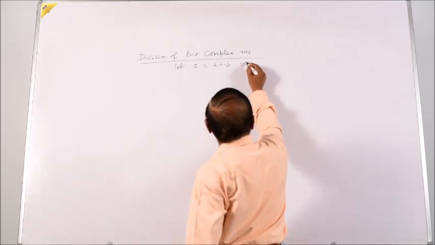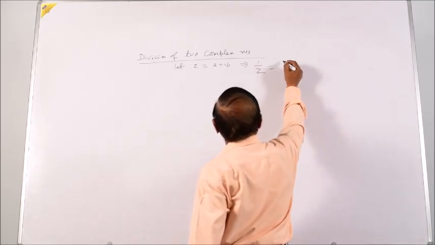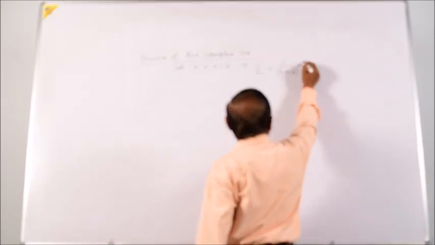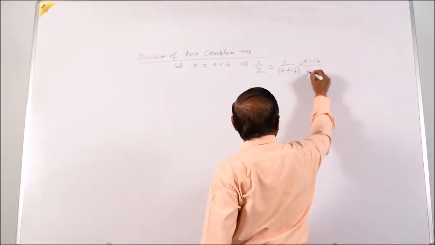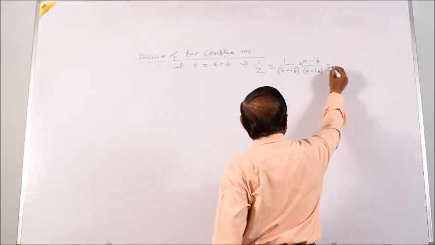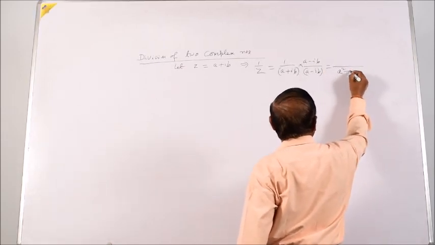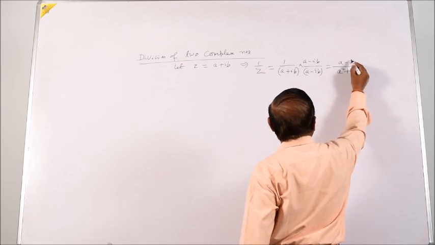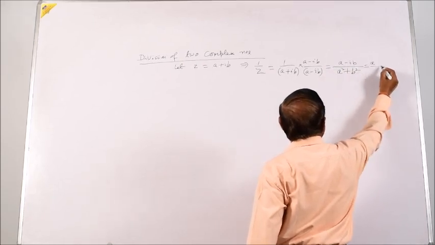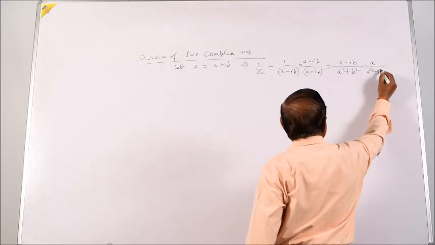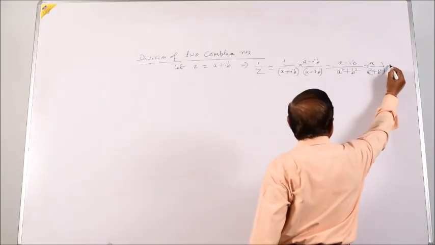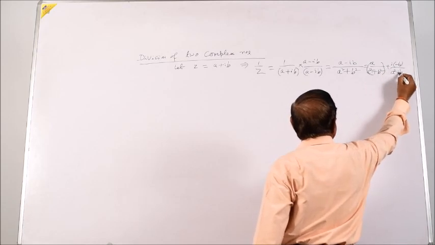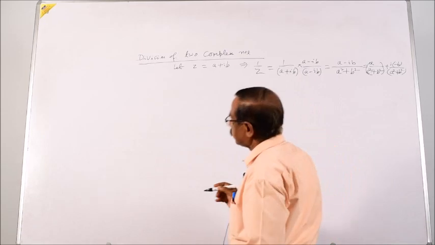That implies 1 by Z is equal to 1 by A plus IB, which is ultimately A by A square plus B square plus I into minus B by A square plus B square.